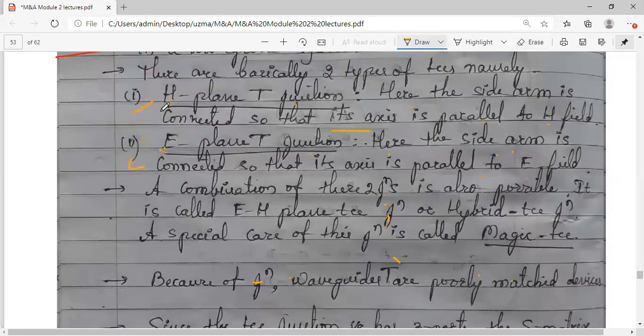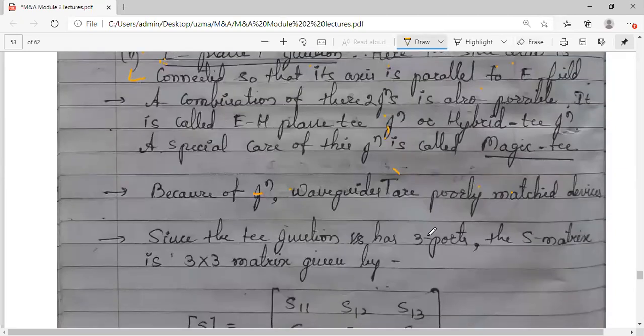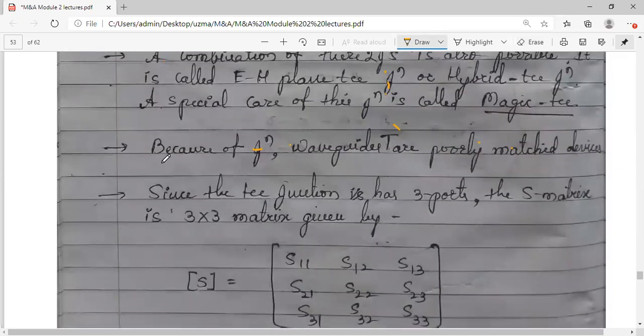First, let me take the H-plane T junction. Before that, some points I have listed. Because of the junction, waveguide T's are poorly matched devices. With more junctions, many joints come together, so there will be more reflections, so it is a poorly matched junction.